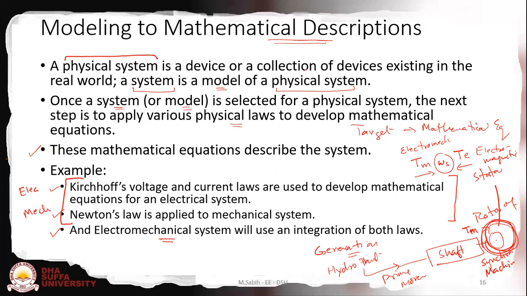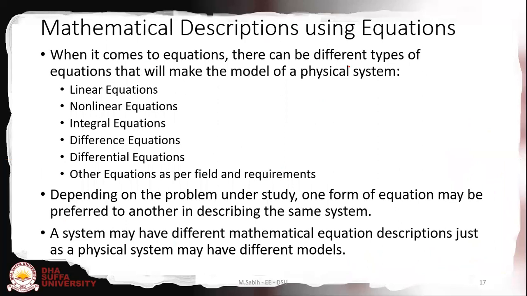Continuing from here, when it comes to the equations, there can be different types of equations that will make the model of a physical system. We may have simple linear equations, nonlinear equations, integral equations, difference equations, differential equations, and some other equations as per the field that we are working in.